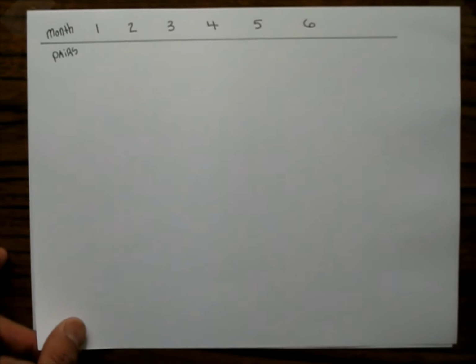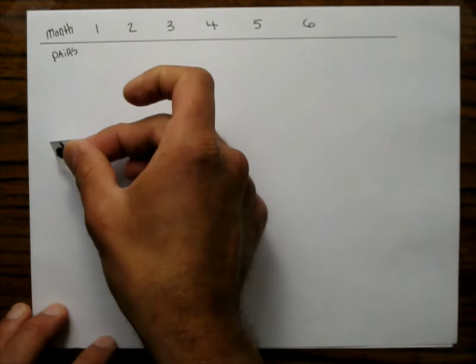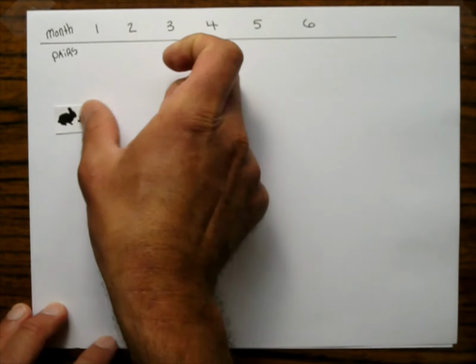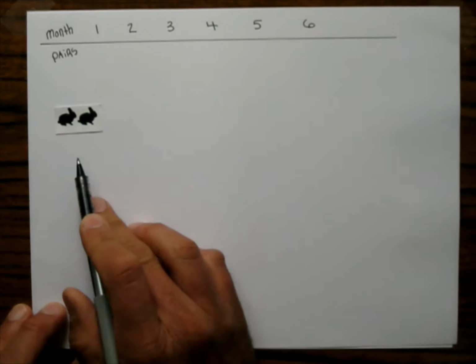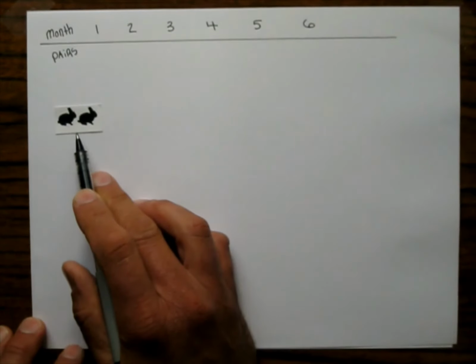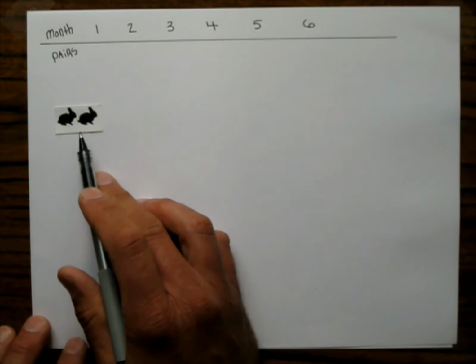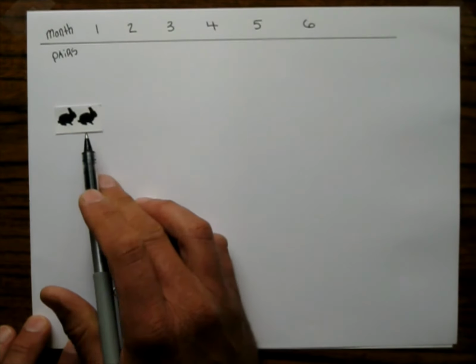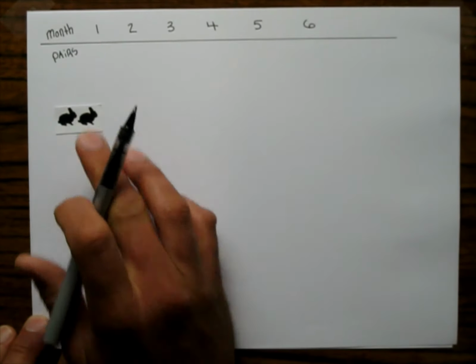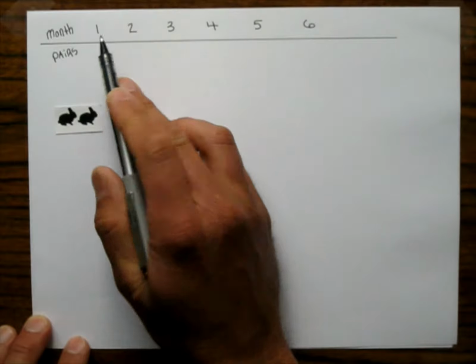So the beginning of month 1, we have a pair of baby rabbits. From time to time, sometimes I will stand up and look in the camera to see if things are still working. So we have, at the beginning of month 1, how many pairs?